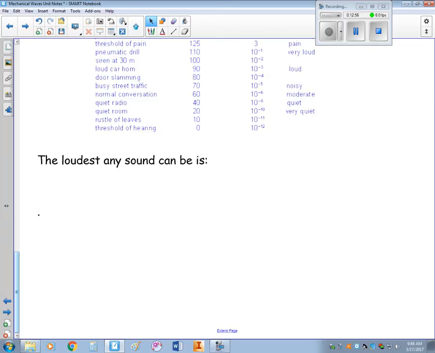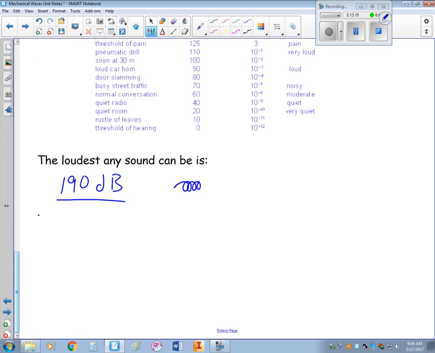Now the loudest that any sound can be is 190 decibels. That's it. And that's because sound is a compression wave. At this volume, the air molecules stack together and the compression wave can't move. So remember, for compression waves, the thickness of the compression is their amplitude.